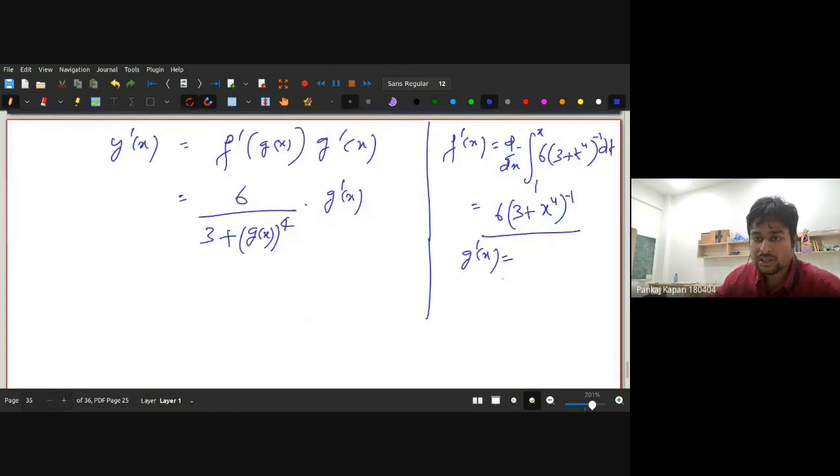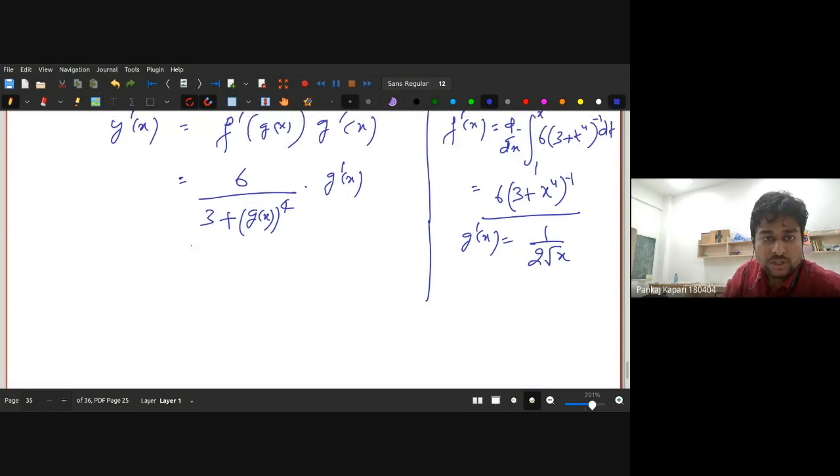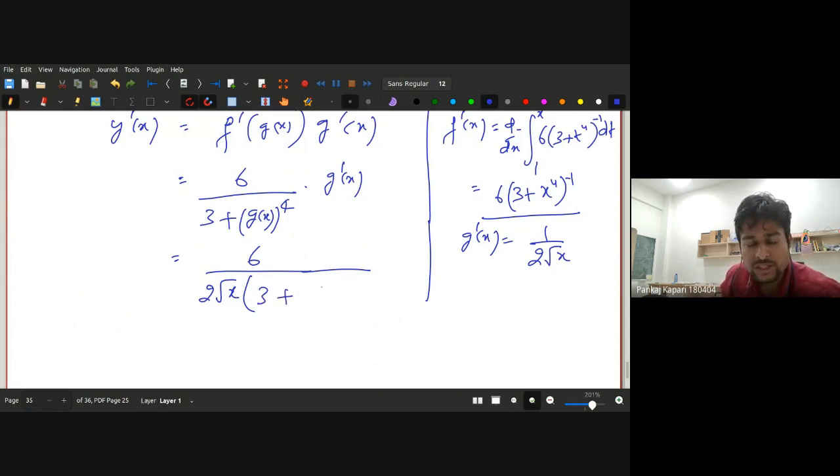So if you differentiate the root function, you get 1 over 2 times root x. Therefore the derivative is just 6 times 1 over 2 root x, and in the bracket we have 3 plus g of x to the power 4, and g of x is under root x. So if you take the power 4, then you will get x square.